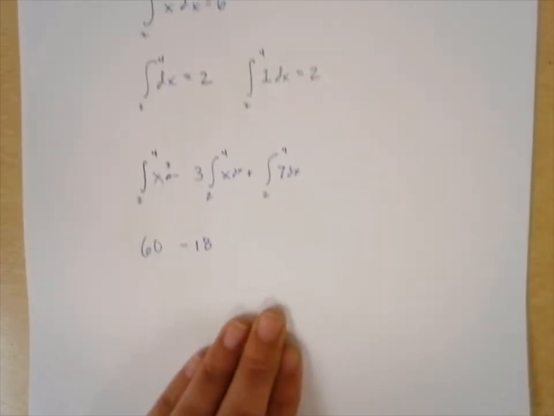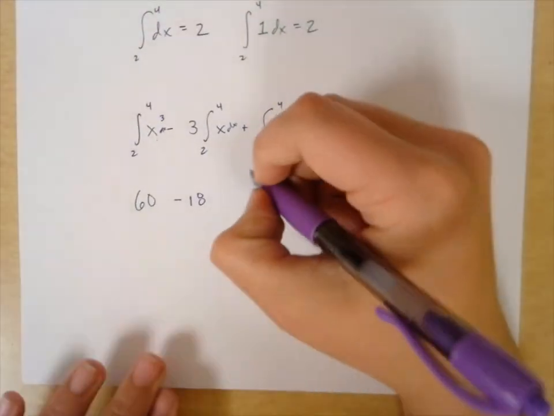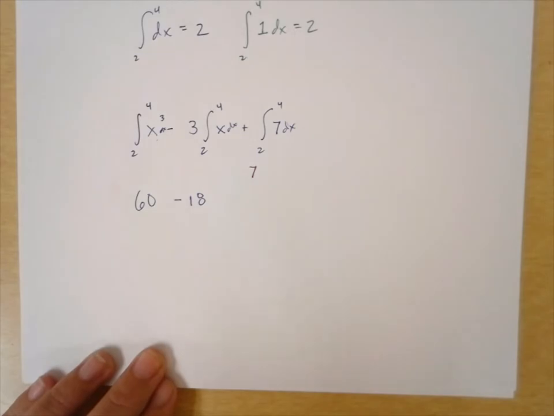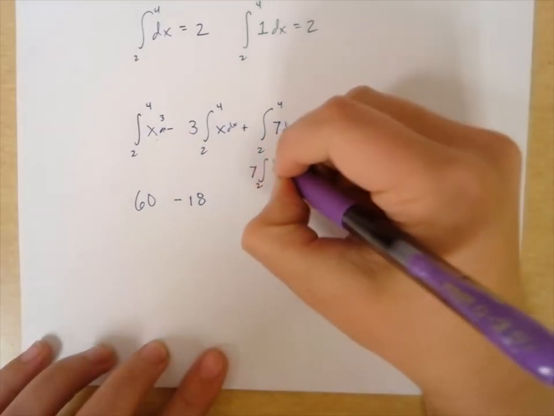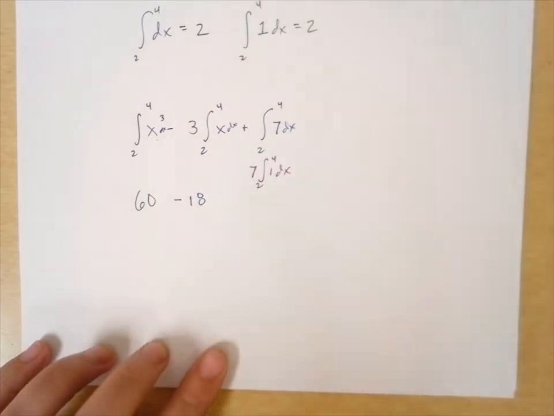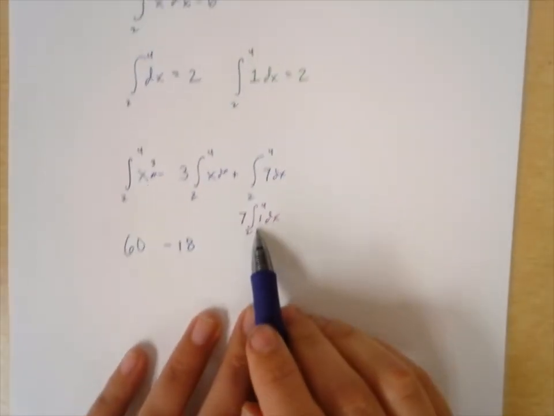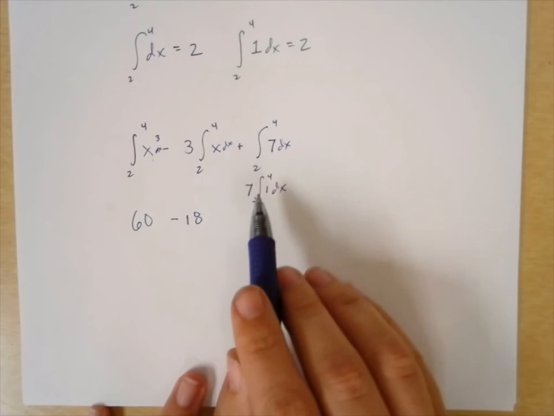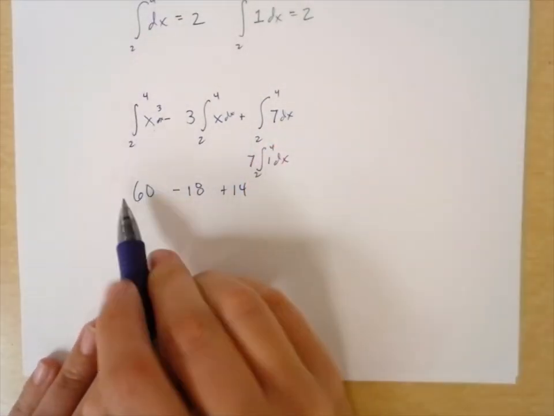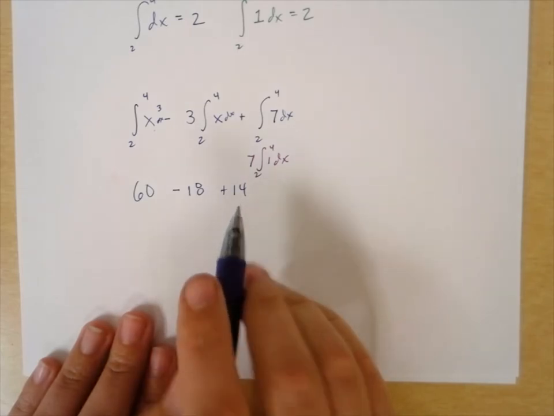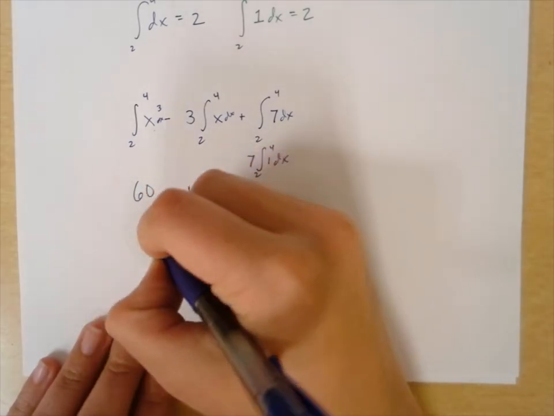So we can use our constant rule. We can take out the 7 and take the integral of 1 dx. And we know the integral of 1 dx is 2, so we're really doing 7 times 2 here. And 7 times 2 is 14. When I add all these numbers together, I get 56.